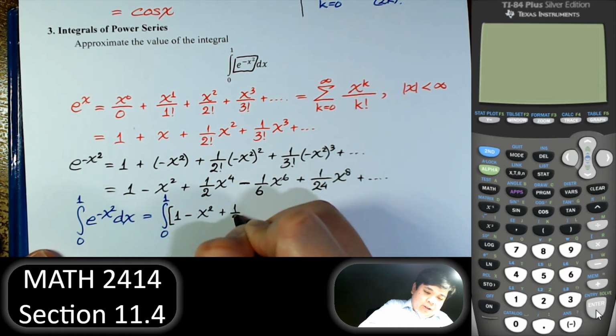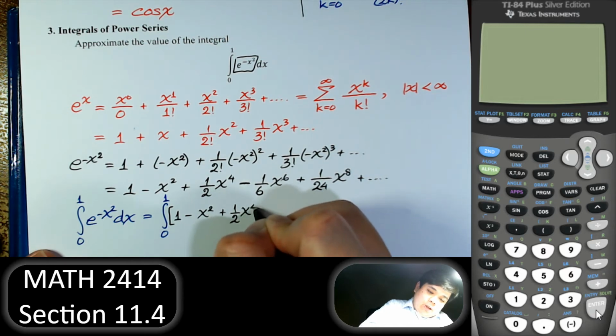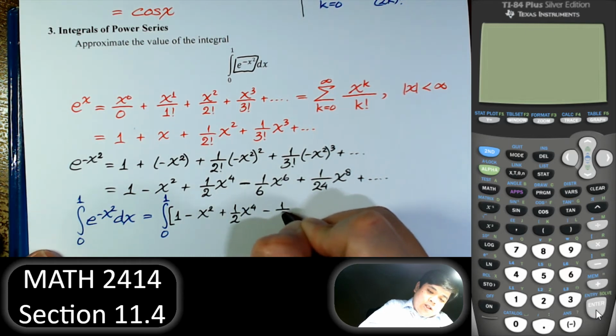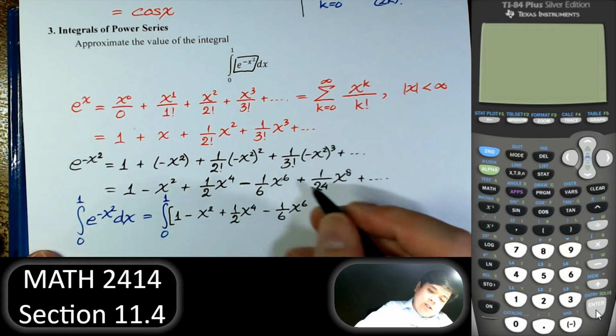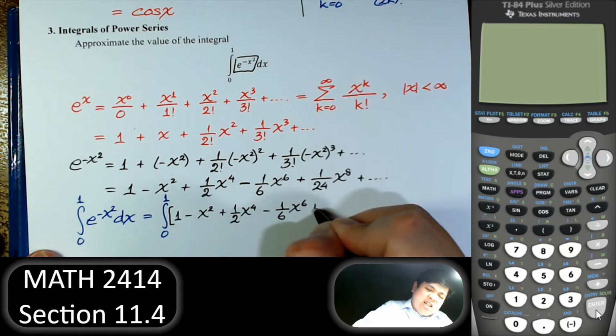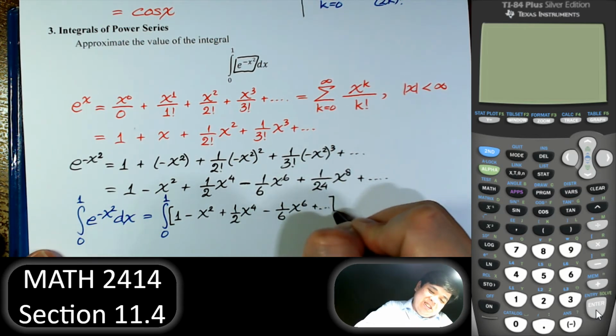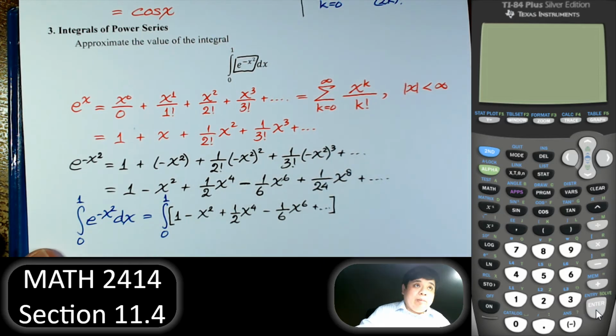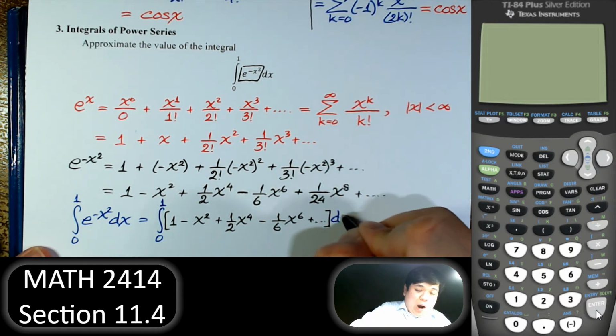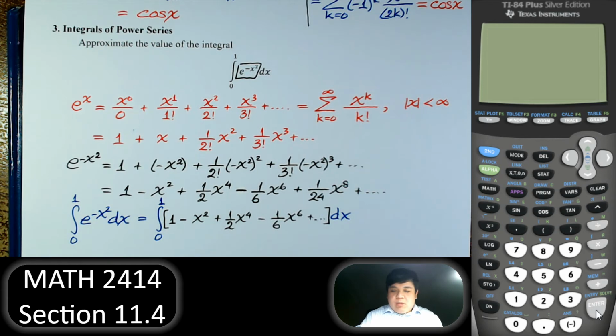Plus 1 half x to the 4th, 1 over 6. I think that's enough. If we want more accurate, just add more terms.